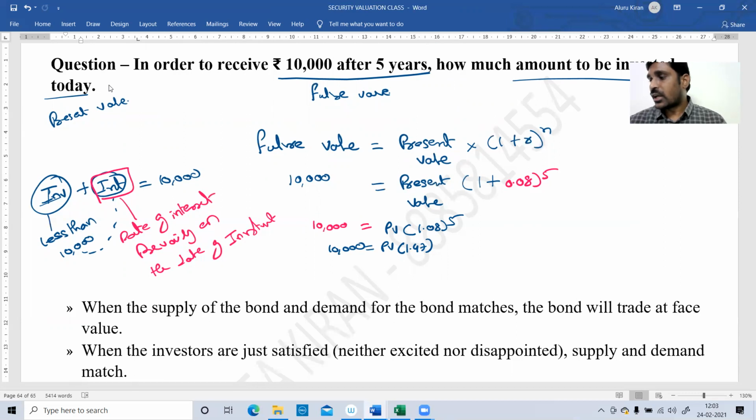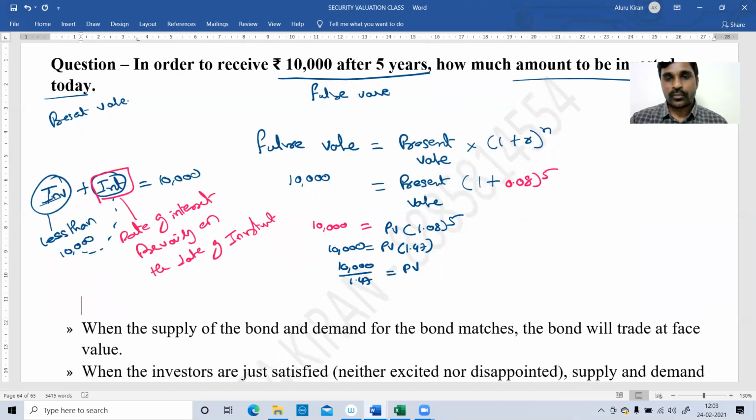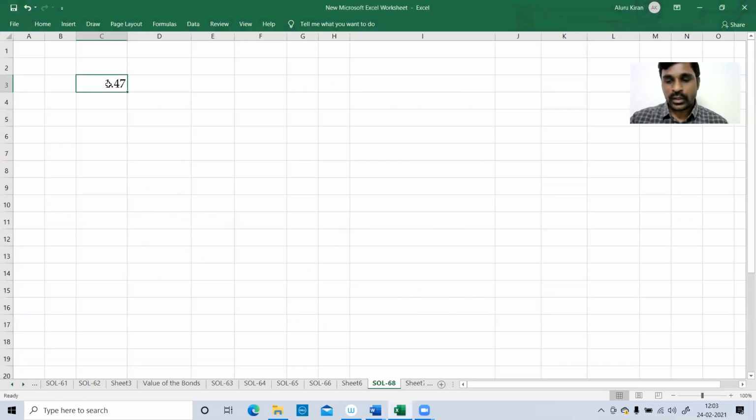Therefore, we'll keep the present value like that: 10,000 divided by 1.47 is equal to present value.